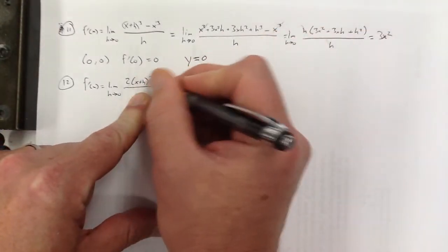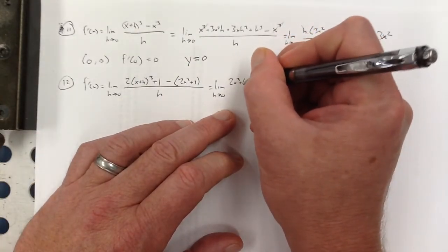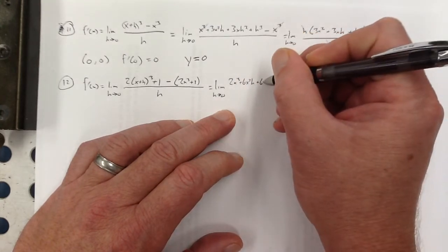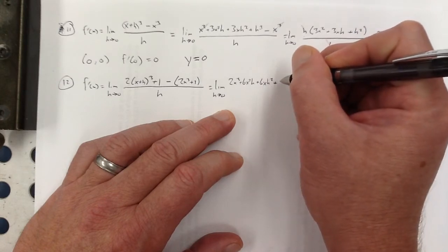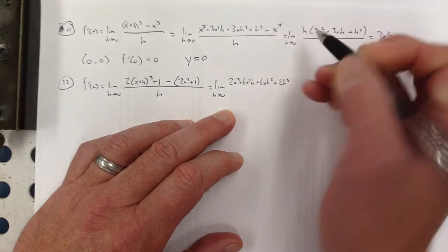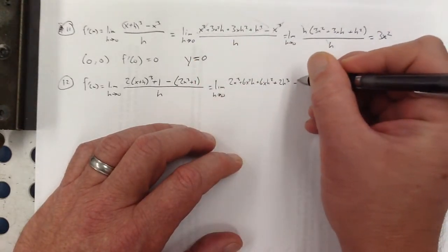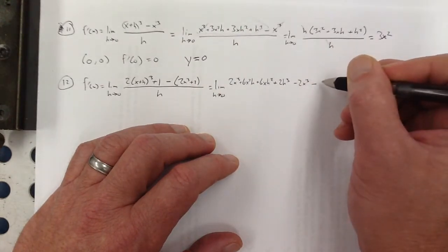All right, so I guess I got to do this game again. So let's see, that's 2x cubed plus 6x squared h plus 6xh squared plus 2h cubed, right? It's the same as this thing, just with a 2 distributed through it, minus 2x cubed minus 1.